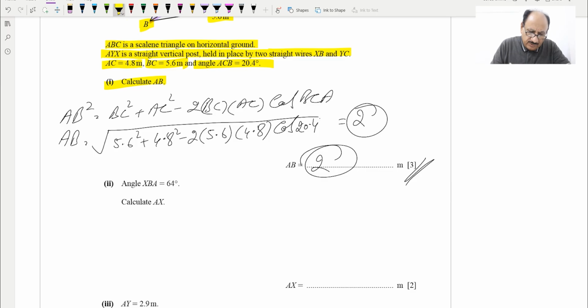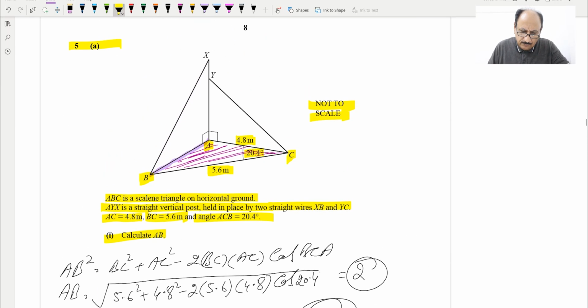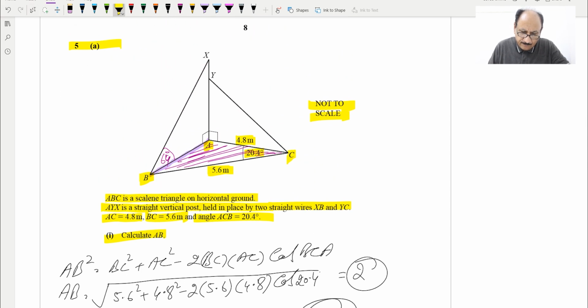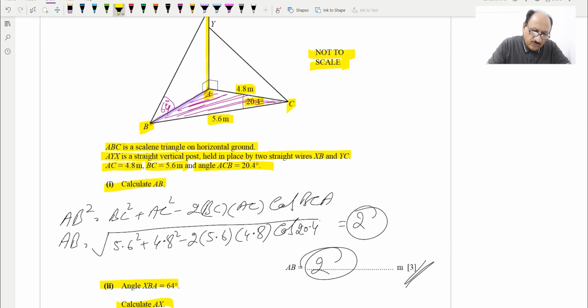Then for the second part, they are saying angle XBA is 64. XBA is which angle? So this angle is 64 degrees. They are saying calculate AX. AX is which one? So this height is required basically. We have just now calculated AB is equal to 2.